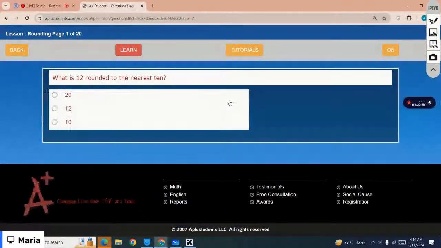Okay, what is 12 rounded to nearest 10, which is the correct option? 12 is rounded off to, yes, 10 it is. The correct option is 10.